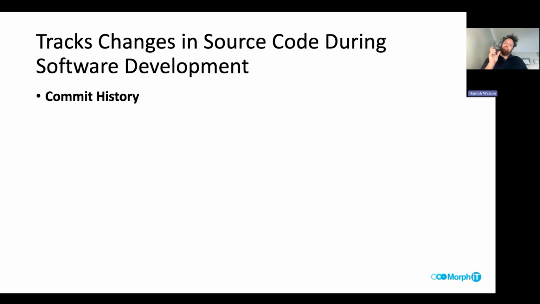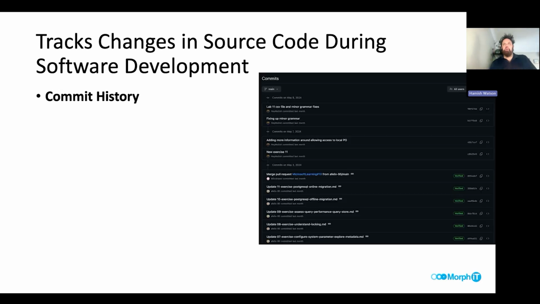Each commit that I do has a unique identifier, which means that we can track and see what changes were made. You can see here that I've made a number of changes. We have an identifier on the right-hand side here and here. And so I can track what changes I've made and when.